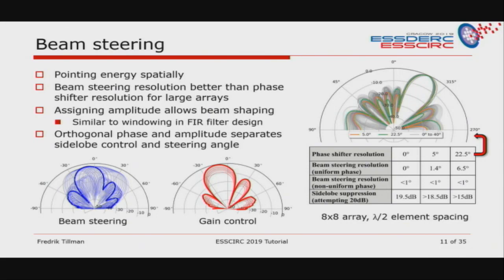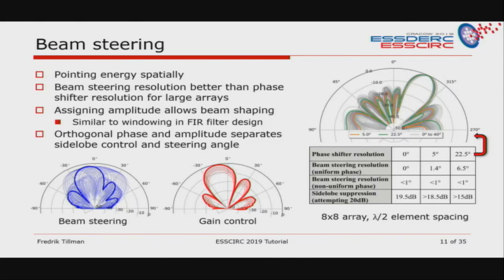The problem is in the side lobes, where you will have a lot of, let's say, shifts and degradations depending on how these systems perform in the amplitude and phase domain. What you do typically is that you try to orthogonalize them, and you use the amplitude domain in order to control the side lobes. So you can do tapering, just like in a FIR filter, you can try to control the windowing function here.